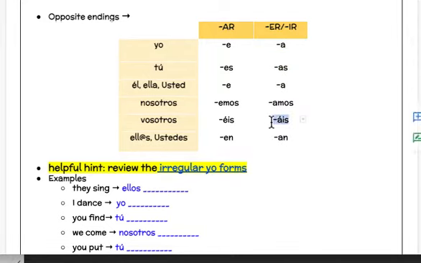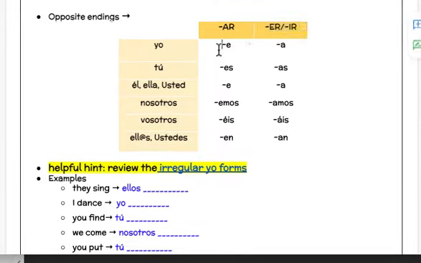And we've got the vosotros in there, which means like y'all, kind of, and that's áis. And then we have our ER and IR verbs, which usually end in E's and I's. So you have for this e, es, e, emos, en, and then again the vosotros, we have éis.